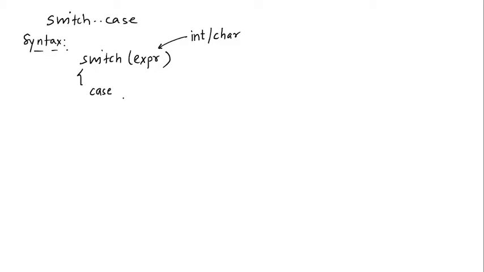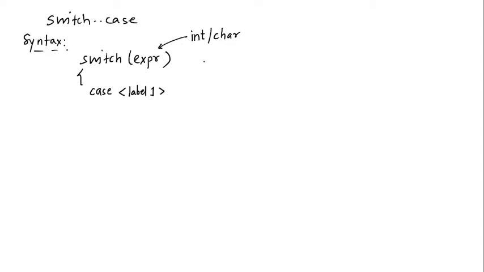Now that case needs a label. I'm just writing it as label 1. You can understand the meaning of the less than and greater than signs: we don't have to write label 1 as such, it will be replaced by the label. If it's an integer expression, the labels will be integers like case 1, case 2, case 3, and so on.